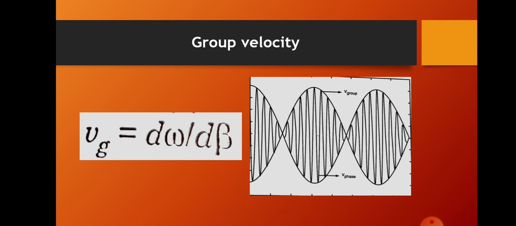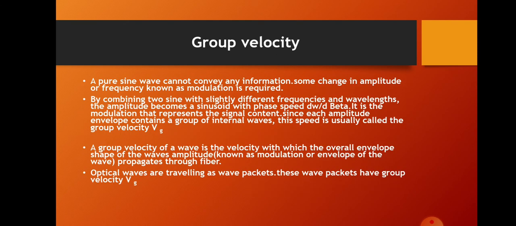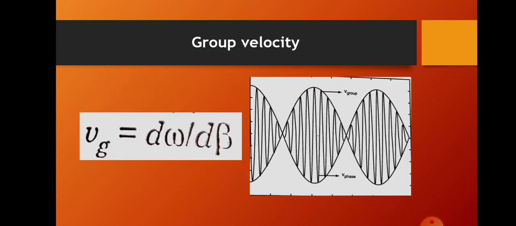So when this original wave is traveling, these two waves also will be traveling. That velocity is known as the group velocity. Since each amplitude envelope contains a group of internal waves, that is right, because each amplitude in the figure will contain a group of waves, because we are using a modulation technique.